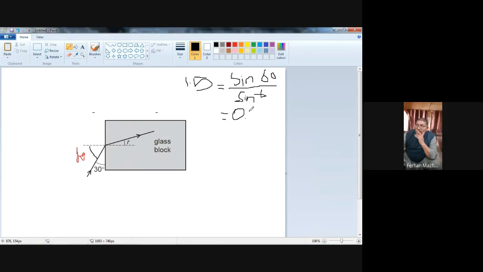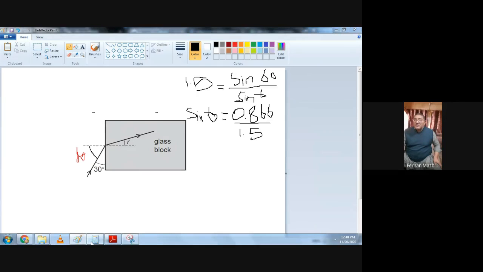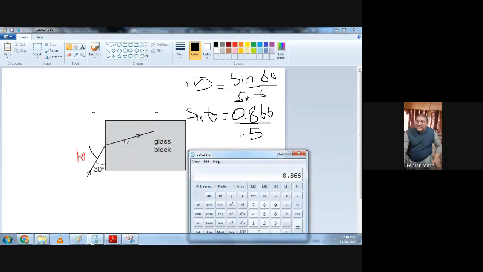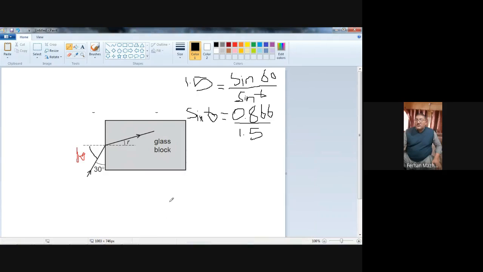So sine r is 0.866 divided by 1.5. The answer is 0.577.